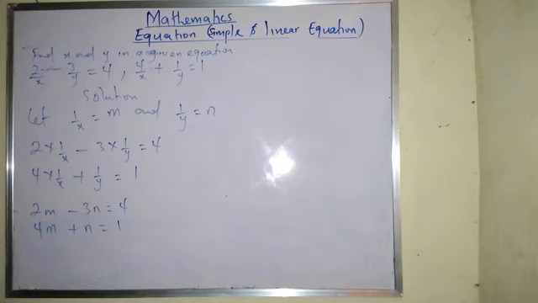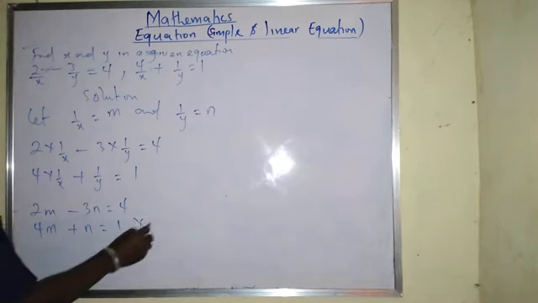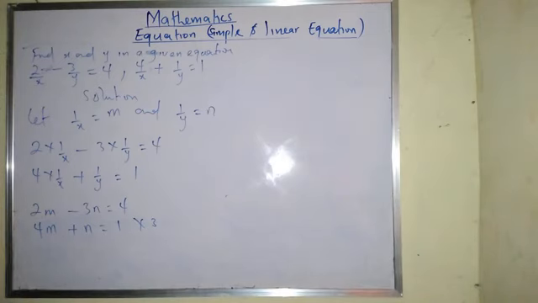I'm using the elimination method. If I multiply this one by 3, it will give me 2m minus 3n equals 4 and 12m plus 3n equals 3. I can eliminate. If I add them, n will be eliminated.